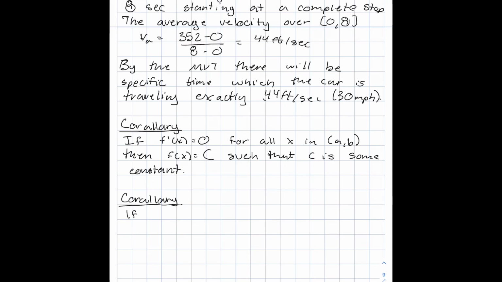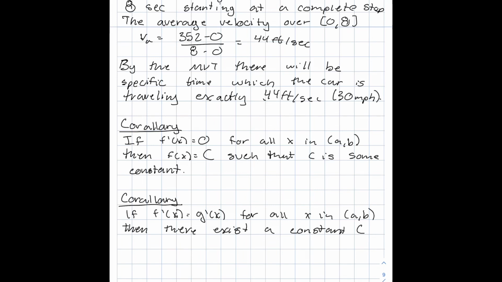That states that if f prime of x equals g prime of x for all x in (a, b), in that interval, then there exists a constant that we might also just call C, such that f of x equals g of x plus c for all x in that interval.